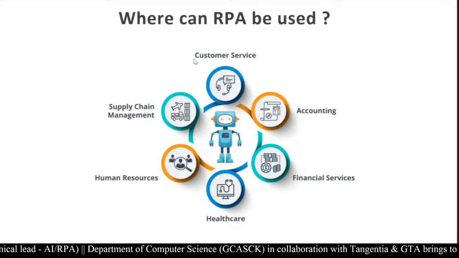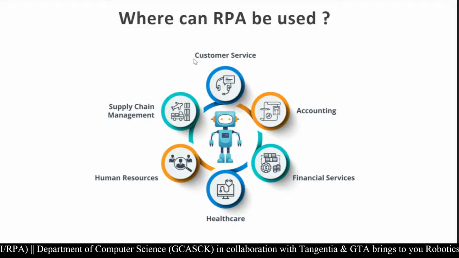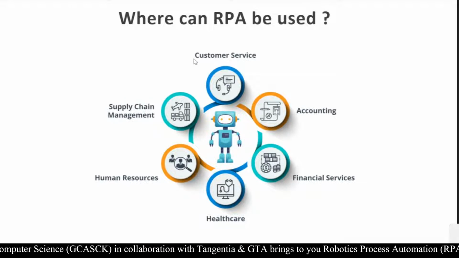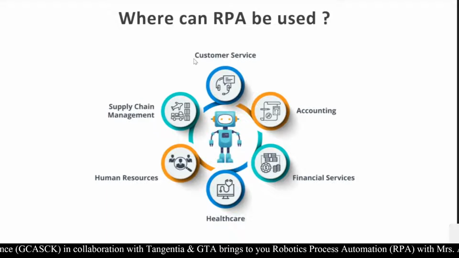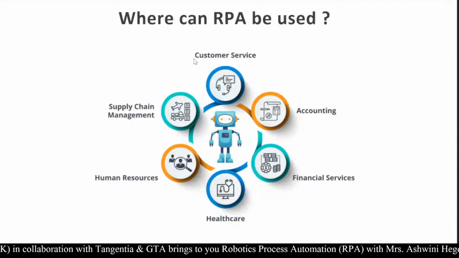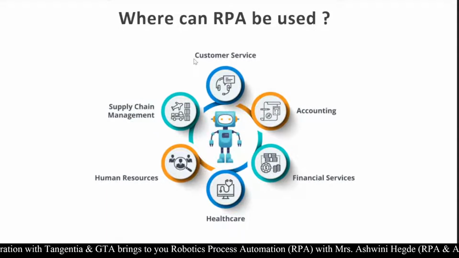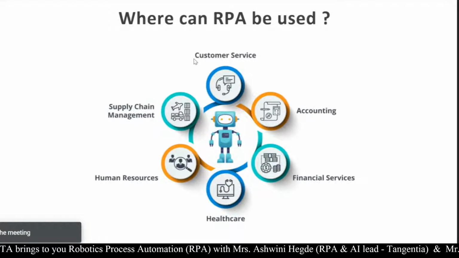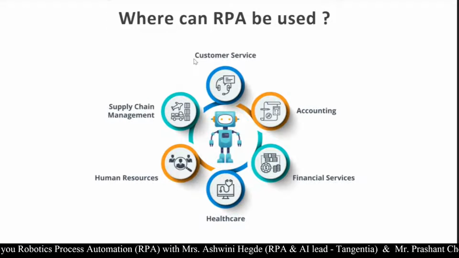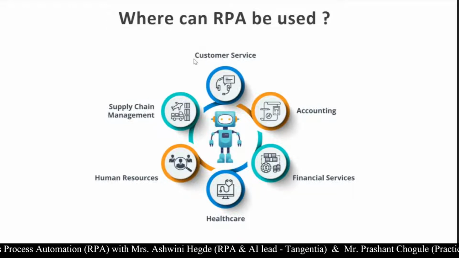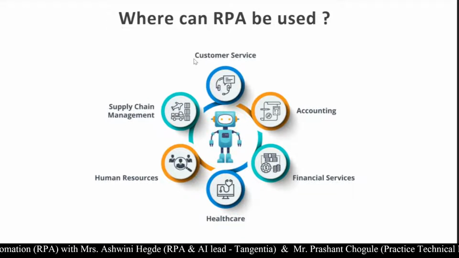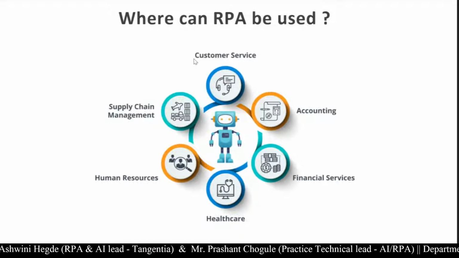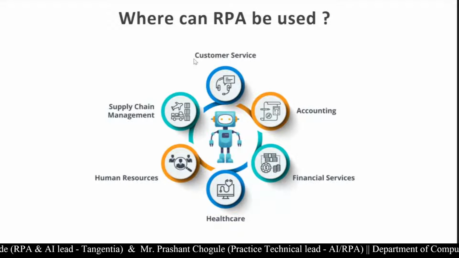The bot internally triggers, it goes and fetches a lot of information from all the different sources within the banking system. And let's say you have asked for blocking the card. It goes everywhere and just blocks the card or changes the status from active to inactive. So it is making a lot of changes there. That is one example of where RPA can be used in customer service.